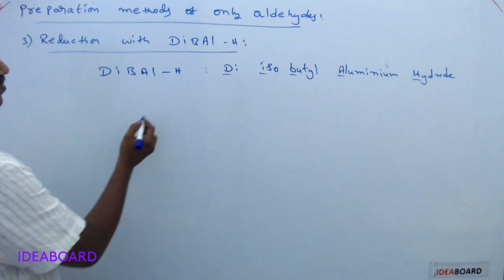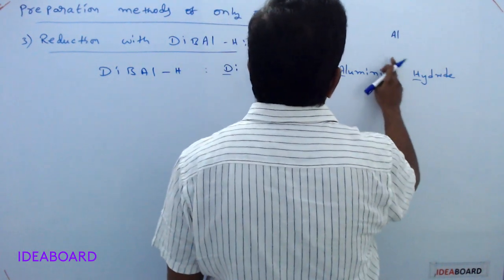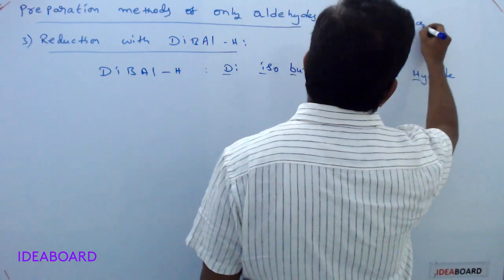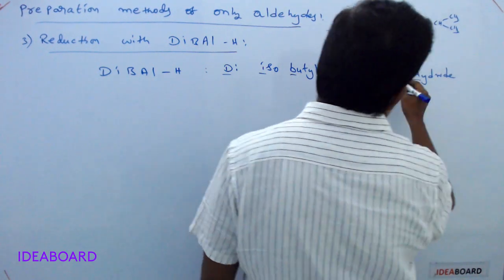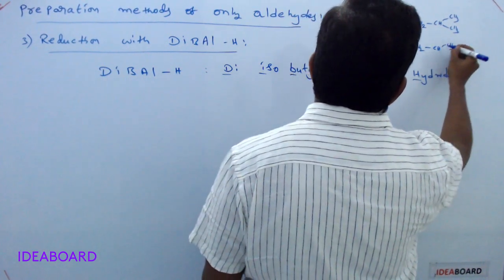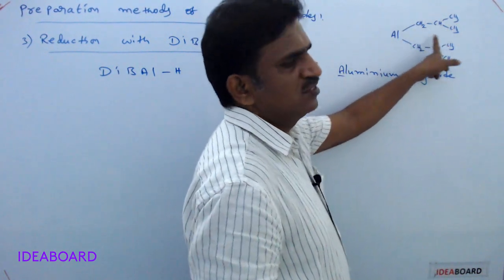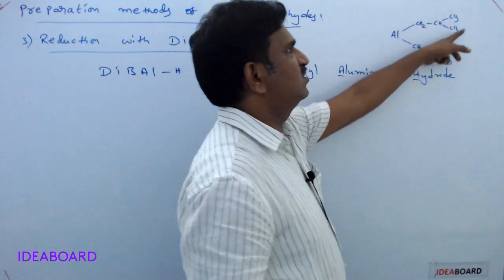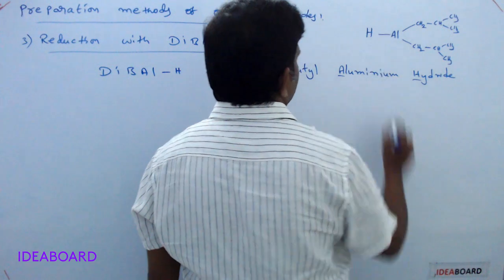The structure of this DIBAL-H I am giving here. Please see, this is aluminum, and this is CH2, CH, CH3, CH3, and again another molecule of the same CH2, CH, CH3, CH3. That means it is an isobutyl group, a four carbon butyl group. Diisobutyl aluminum and one more hydrogen.